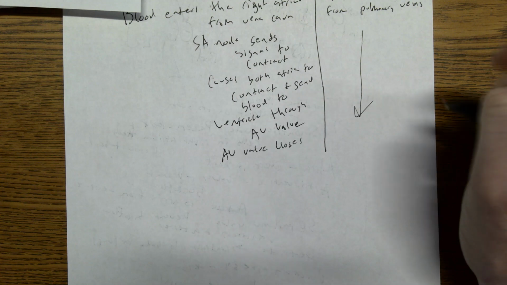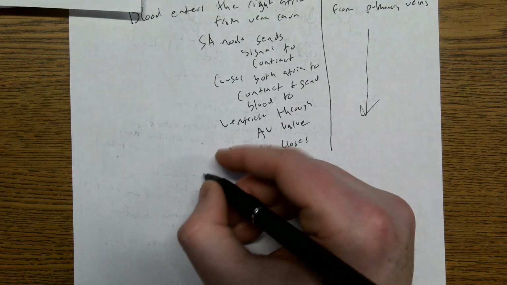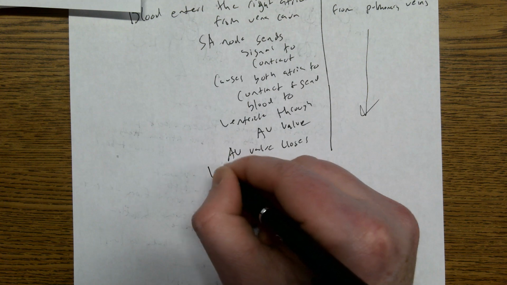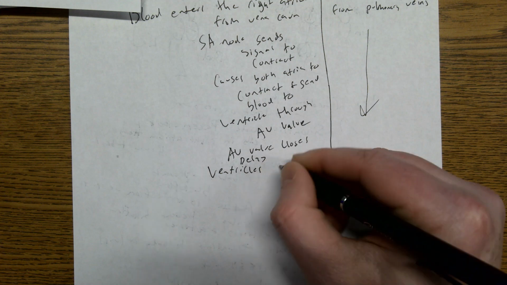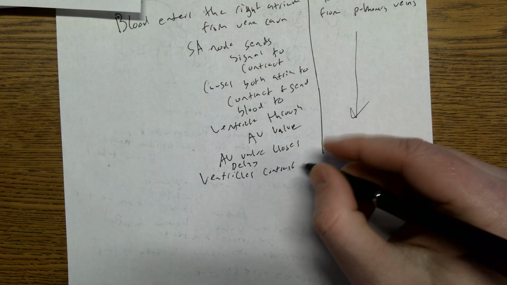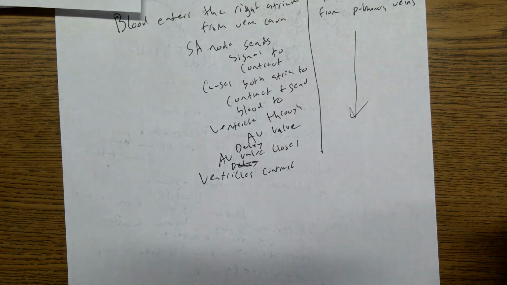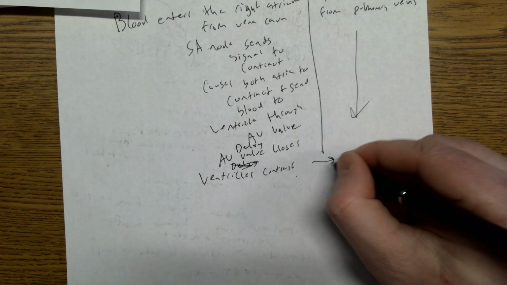So now the blood is in the ventricles on both sides of the heart. Then there's another signal sent, and the ventricles contract. There's a delay, and that delay gives the atria time to fill. So there's the delay, the AV valves close, and then the ventricles contract on both sides.